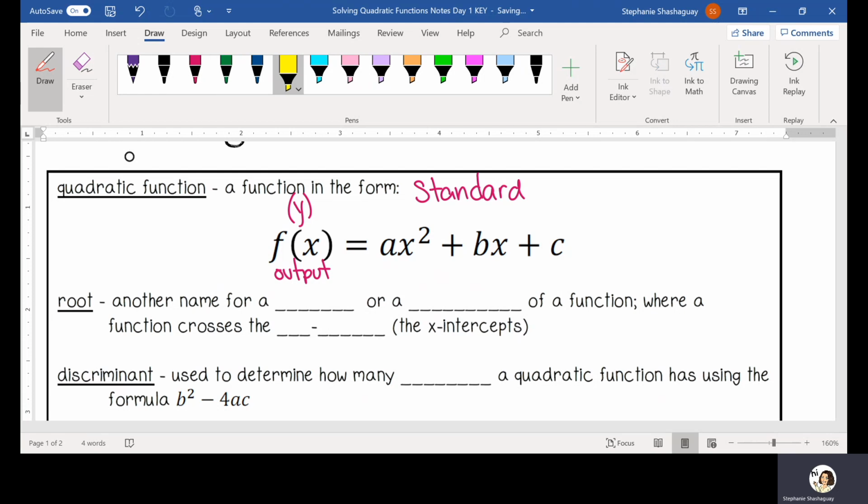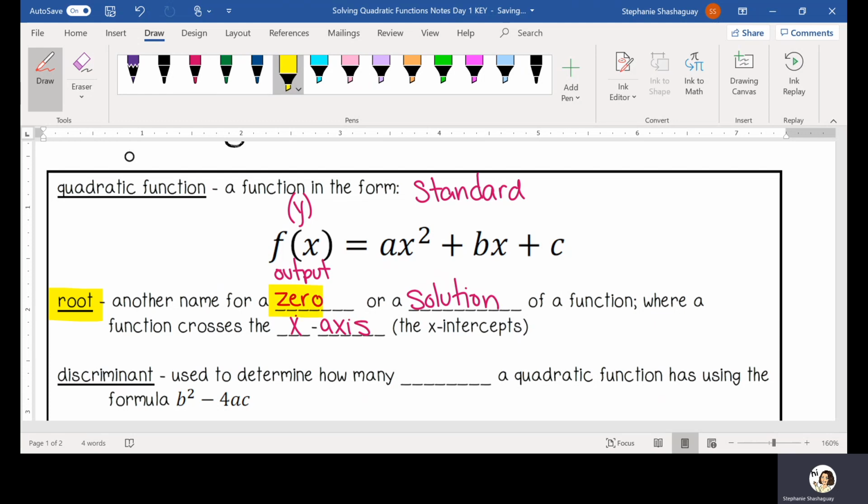So a root, and we learned this last week as well, is another name for a zero or a solution of a function, where a function crosses the x-axis.